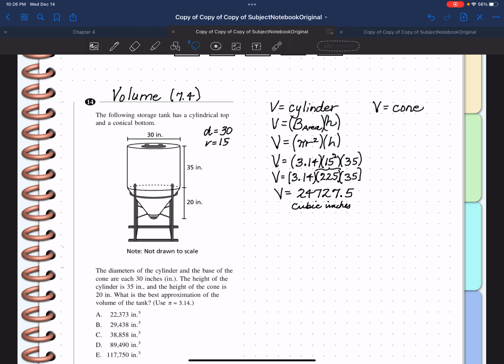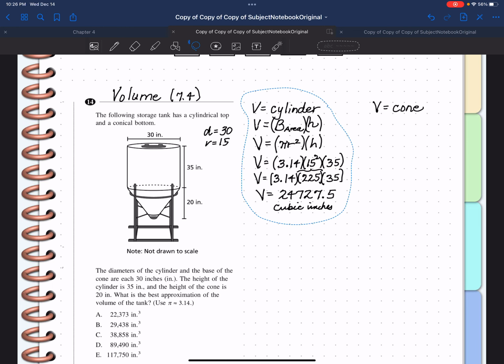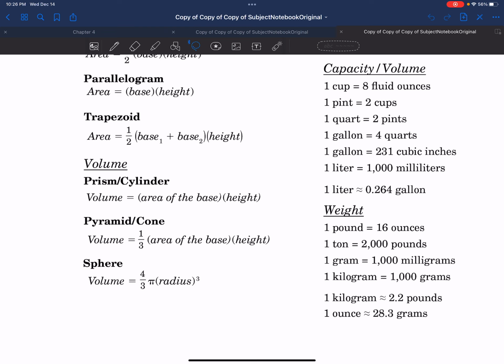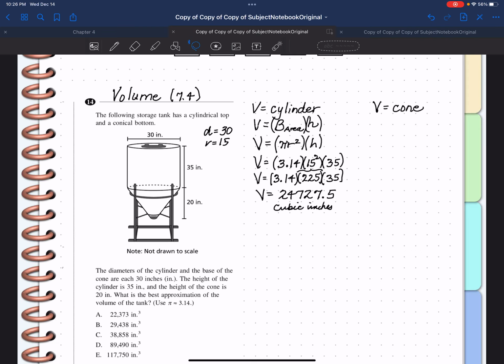And then the volume of the cone, let's get that one. And I will go back to the formula page, is 1/3 the area of the base times the height. So that formula is 1/3 times the base area times the height. Again, the base of a cone is a circle.